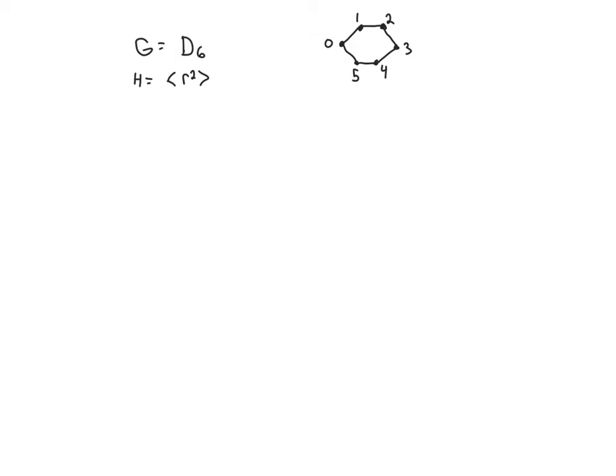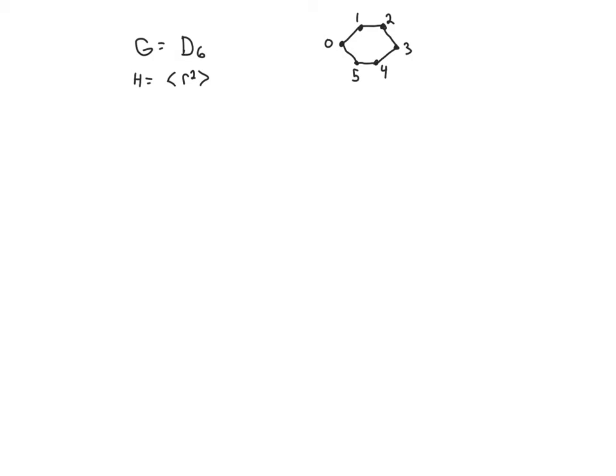My subgroup is going to be the cyclic subgroup generated by the square of the rotation. So remember, the rotation in this case would be the rotation of order 6, so just a 60-degree rotation. So squaring it is a 120-degree rotation.